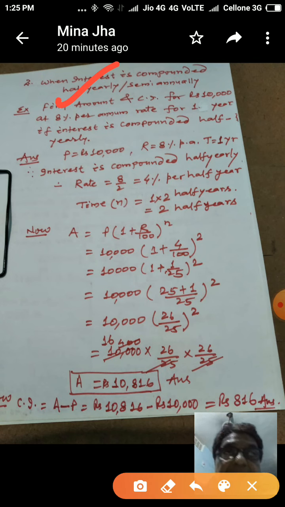You will see in the question it is written: find compound interest and amount for rupees this, at the rate of this, for this many years, when the interest is compounded half yearly or semi-annually.